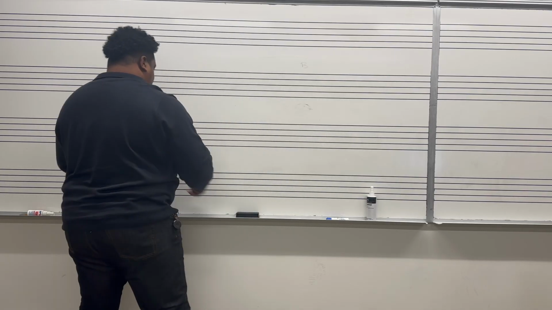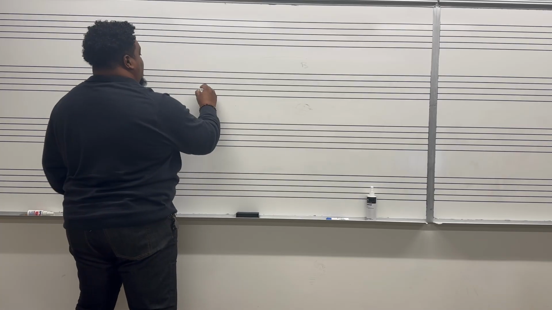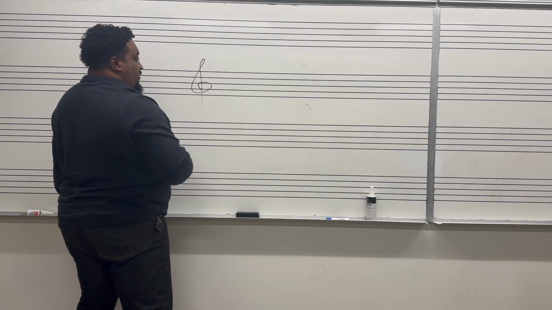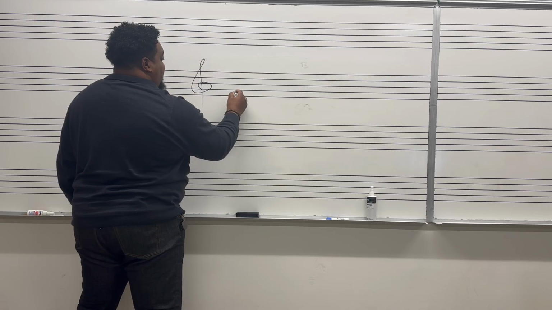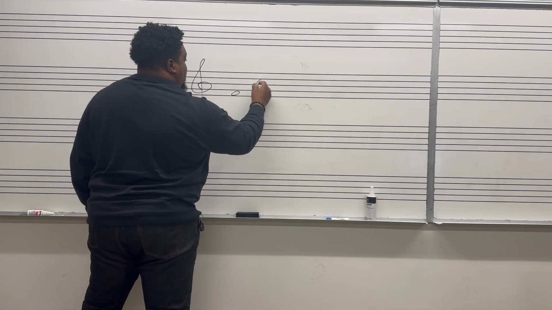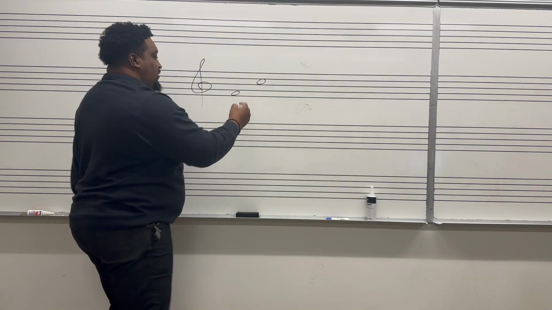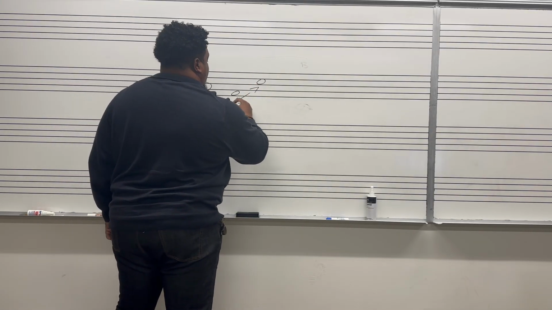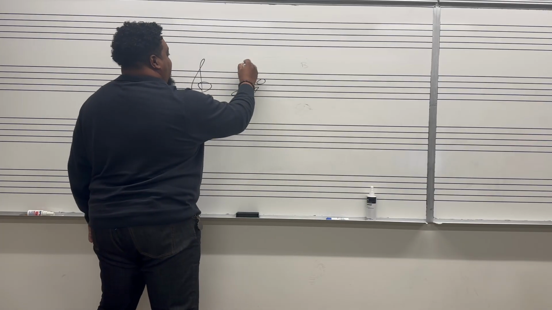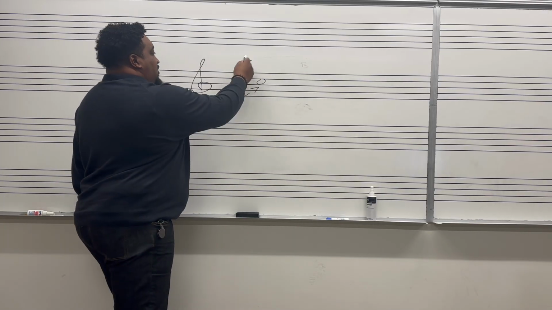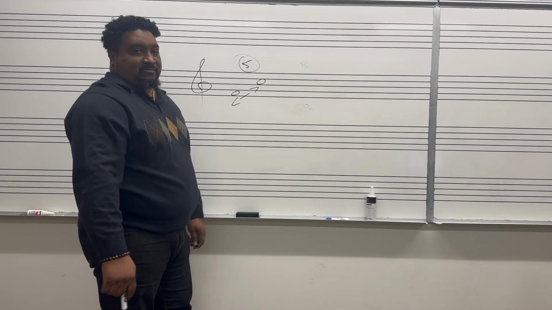If we should put this on a score sheet, let's put our treble clef, and let's say for example from F to C, what is the interval relationship, right? Immediately you think 5, and then we can talk about what kind of fifth it is.